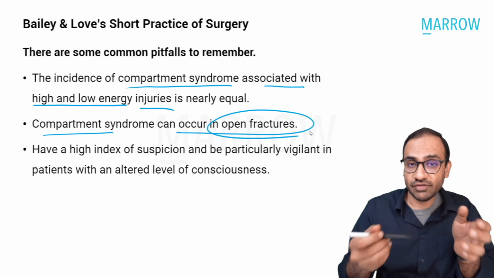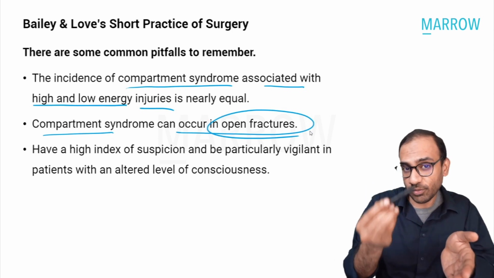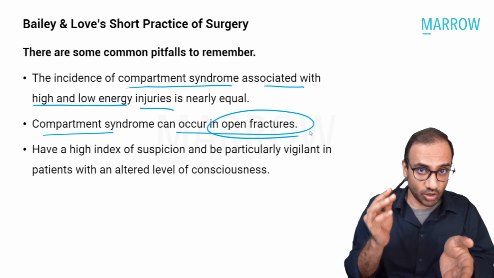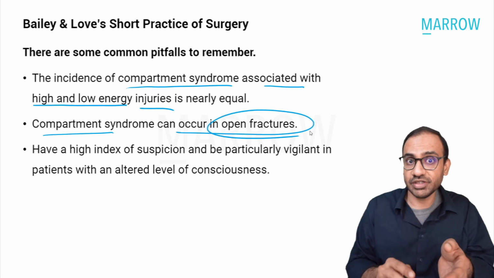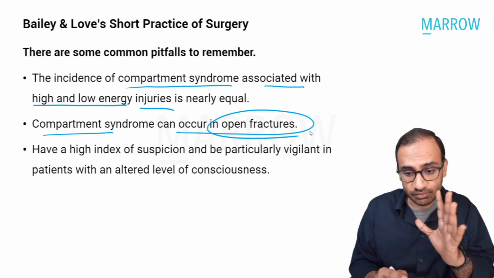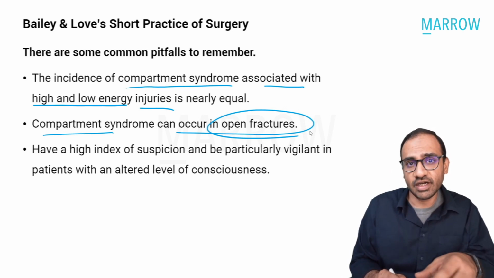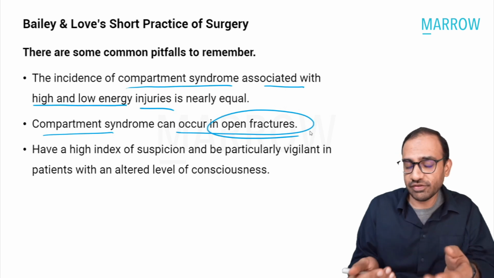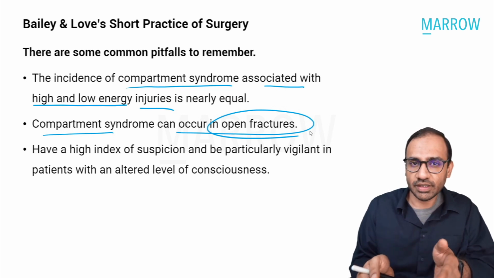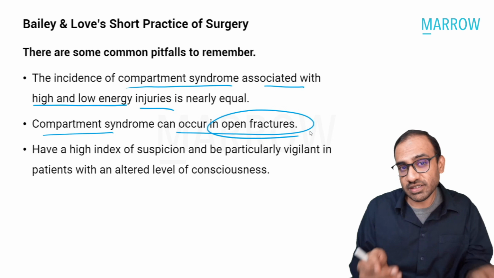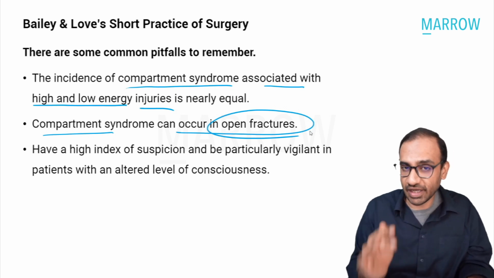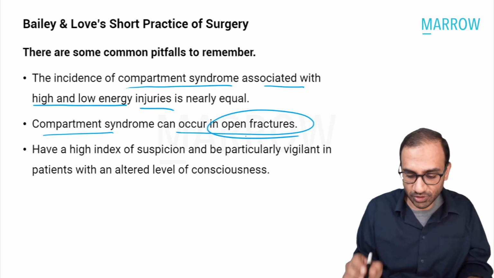That is why when you do fasciotomy, you have to open up all the superficial and deep fascias of all the compartments. For example, if a patient had an open fracture and a part of the fascia was opened, it doesn't mean that everything is open. Other parts that are enclosed by the fascia can undergo compartment syndrome. So that's what you do.